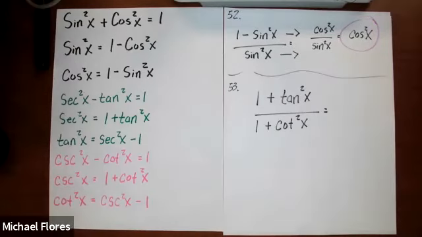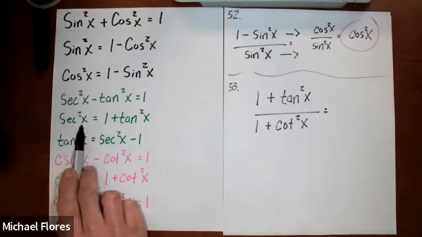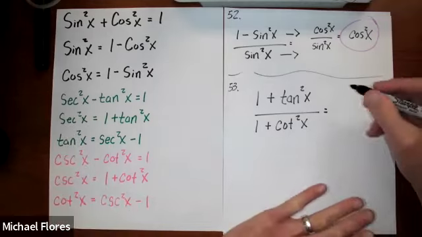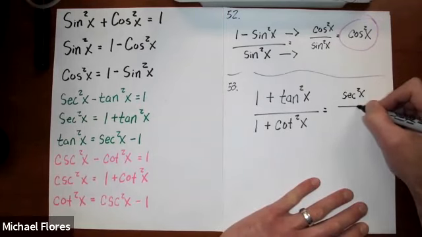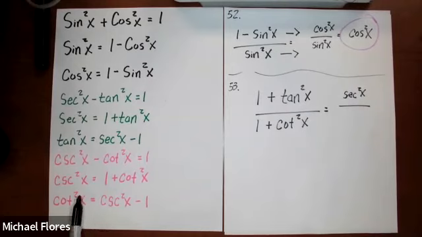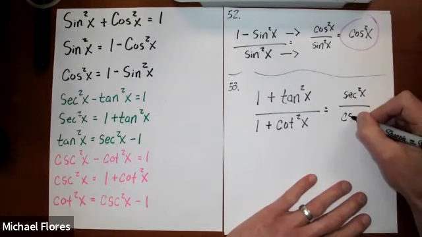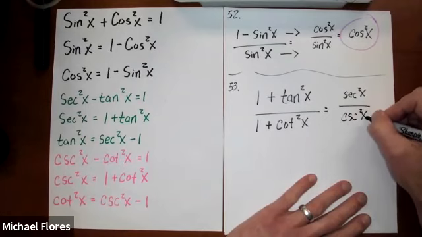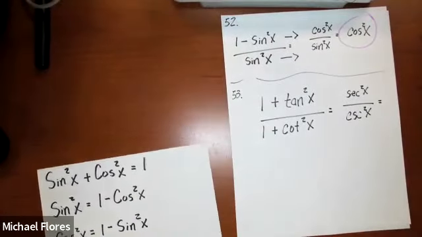All right, for 53, 1 plus tangent squared of x. It's right here. Over 1 plus cotangent squared of x. Right there. Okay, now secant squared of x.